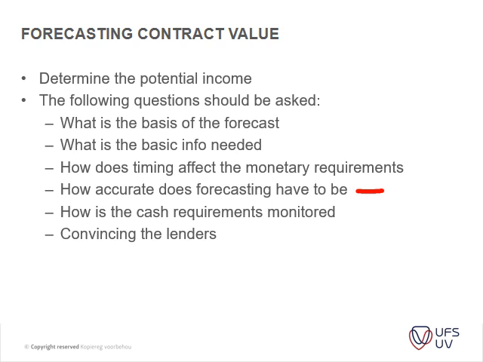If you're over conservative, then usually your profit is downsized. If you're over lenient, then you might run into trouble and not have enough cash flow. Okay, so how is the cash flow required monitored and convincing the lenders to actually lend you the money?